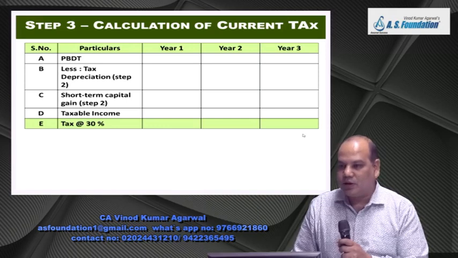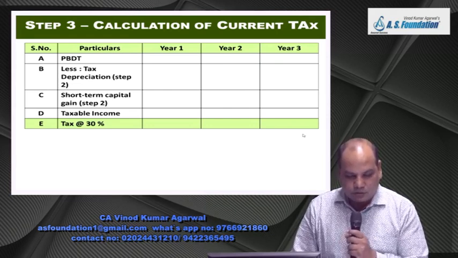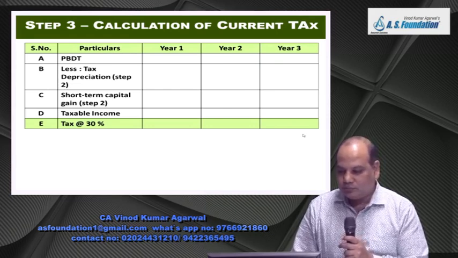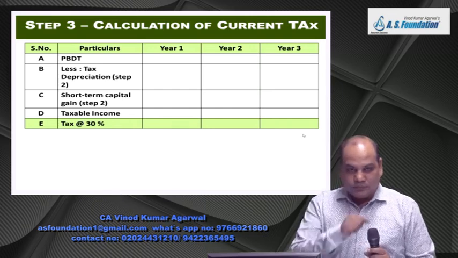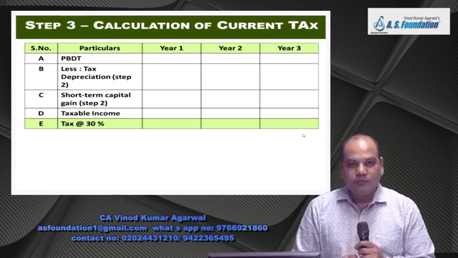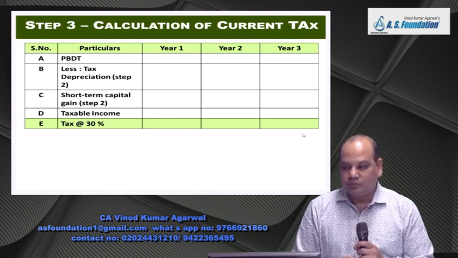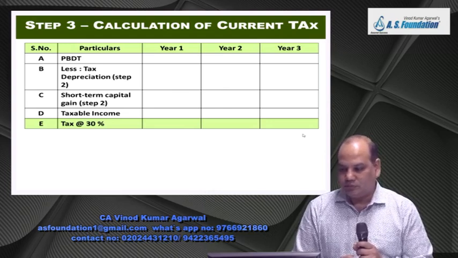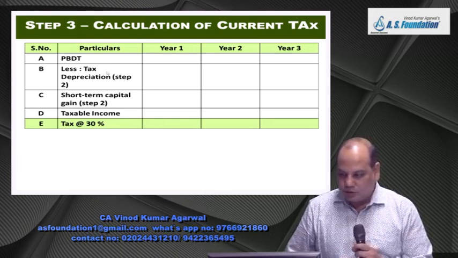Now step number 3, right? Calculation of current tax. Right hand side 3 columns. Year 1, Year 2, Year 3.